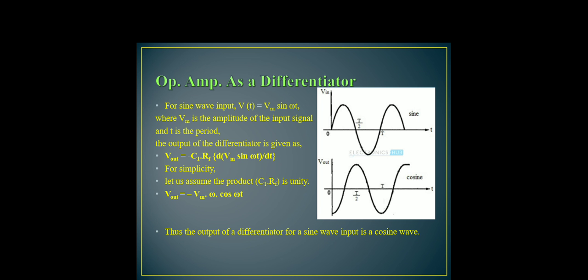For our convenience, suppose C1 Rf equals 1, unity, then Vout = −Vm ω cos ωt. The differentiation of sine is cos. Here, for a sine wave input, the differentiator output is a cosine wave, and observe the input output waveform here.